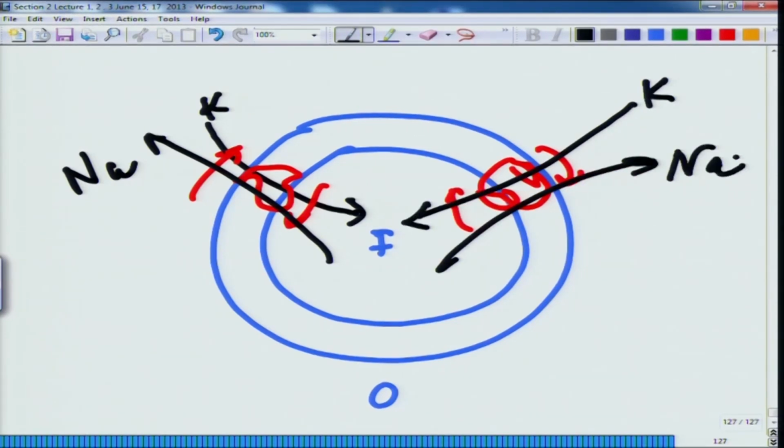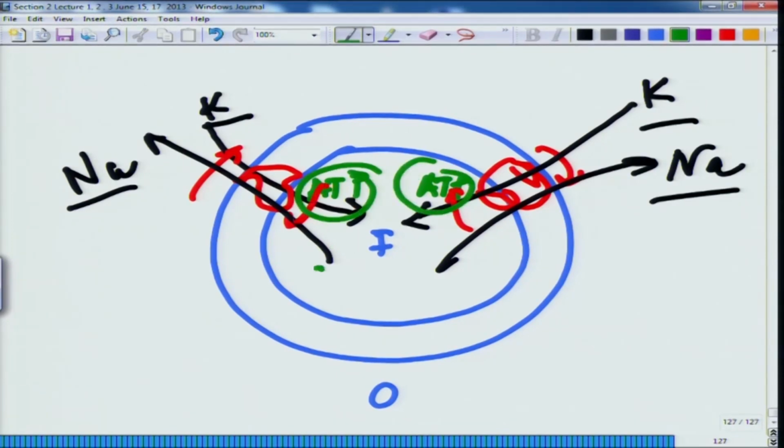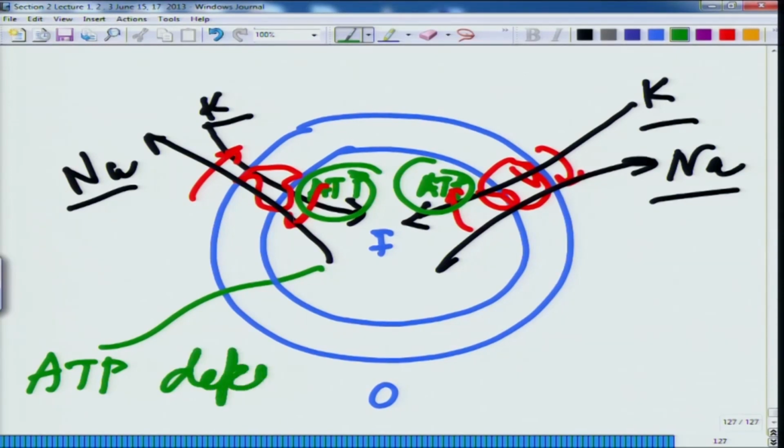These ion pumps are primary active transporters. They are completely ATP dependent. If you remember in the last class I told you, ATP has to be present inside the cell.